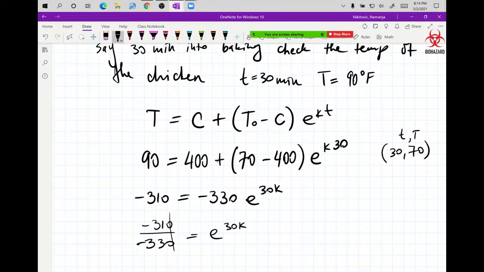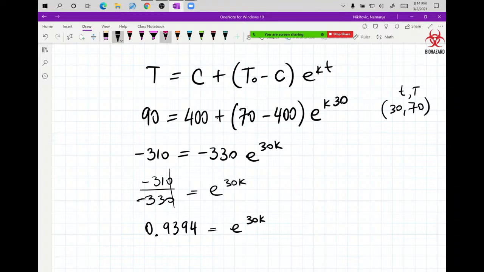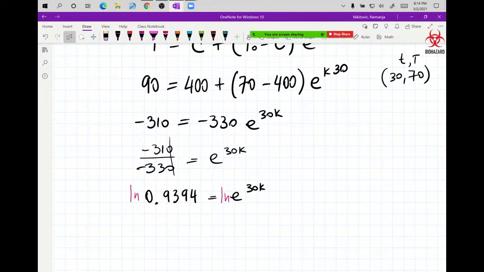So 31 divided by 33 is 0.939393. I'm just going to put 4 decimals here, equals e to the 30k. Now we learned in the last section, hit both sides with ln. That will kill off e. So I have ln of the previous answer on the left-hand side, negative 0.06252 equals 30k.